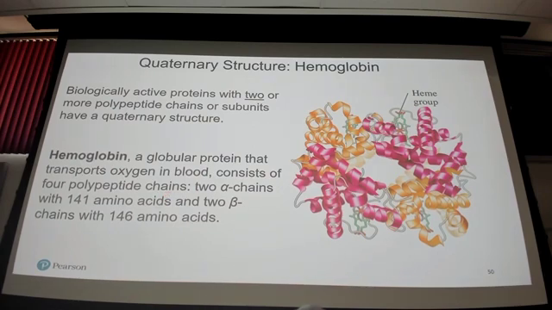Hemoglobin is an example of that. Hemoglobin has two alpha and two beta chains. You don't need to know anything about hemoglobin other than that it has quaternary structure because it has four different polypeptide sequences. It also has the heme group, which has iron and is responsible for transporting oxygen, but you don't need to know any of that for this. Just know hemoglobin is an example of a quaternary structure protein.